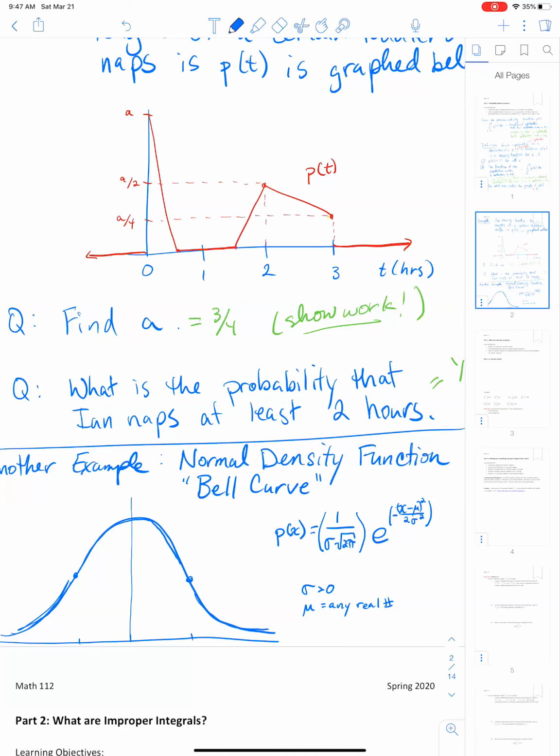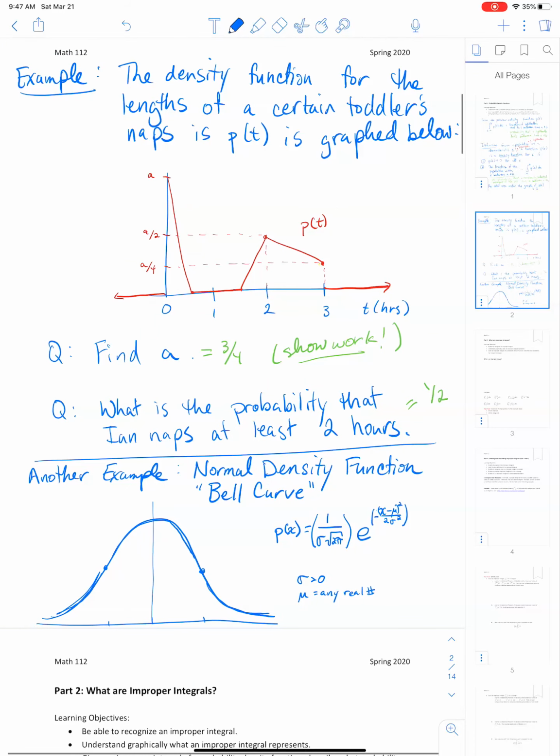And I guess the one comment I'll make here before we move on is that in fact this curve extends infinitely far in both directions. So if we want to find out the probability, okay, so it is symmetric, right? So the probability that we would be above the mean is 50%, because 50% of the area is to the right of the mean and 50% is to the left.